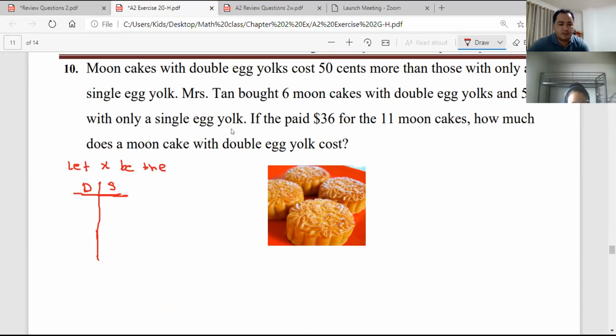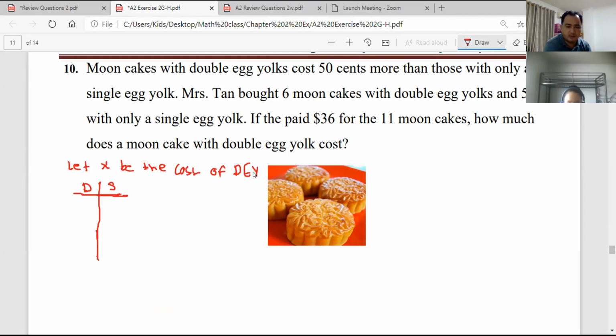So let X be the cost of 1 double egg yolk. You just write the first letter. The cost of D-E-Y, capital D, capital E, capital Y. Double egg yolk.